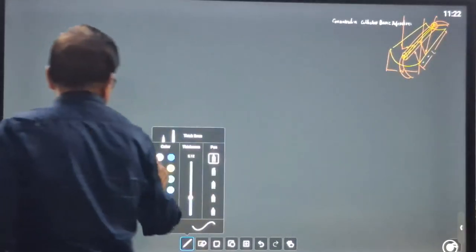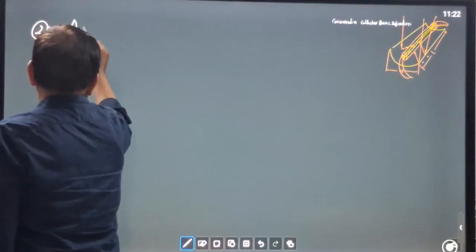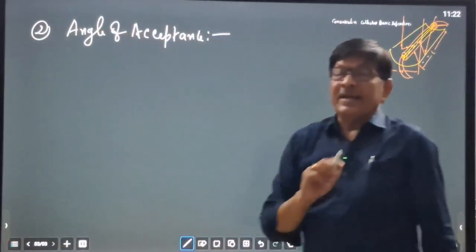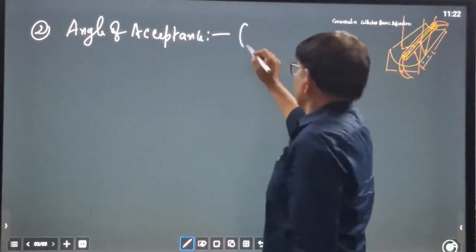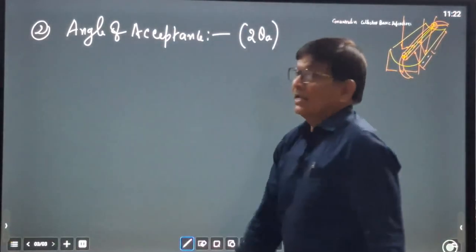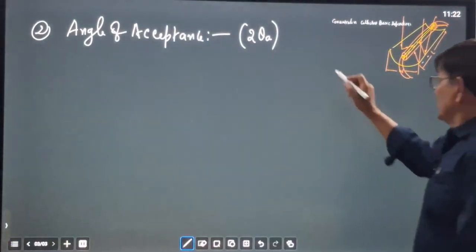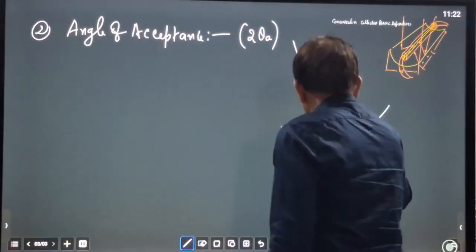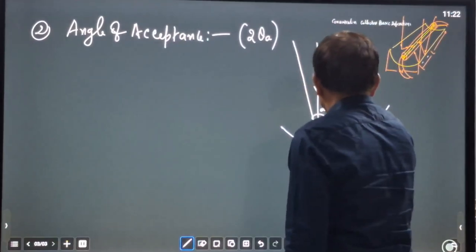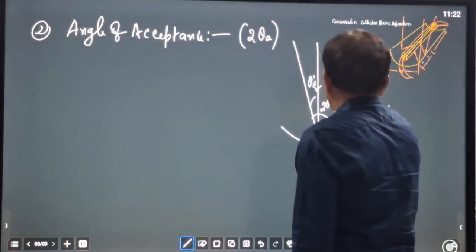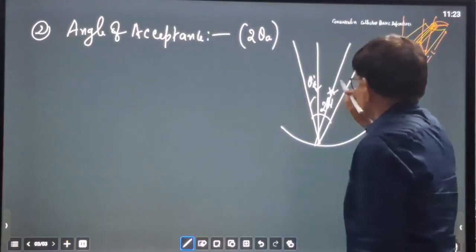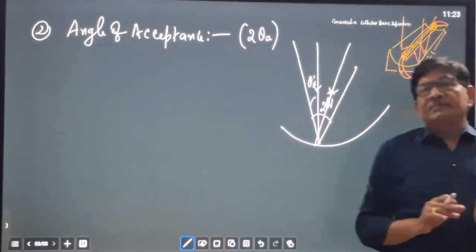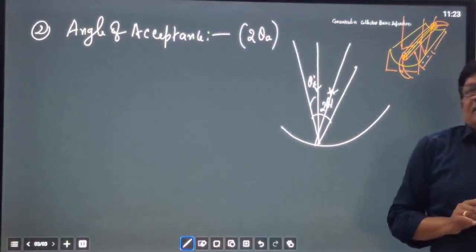Number 2, also important: angle of acceptance. This is the maximum angle, generally defined by 2 theta A. Suppose the normal position on the surface is this one, and these two angles, 2 theta alpha, mean the maximum angle on both sides of the normal that will be accepted by the surface of the collector.